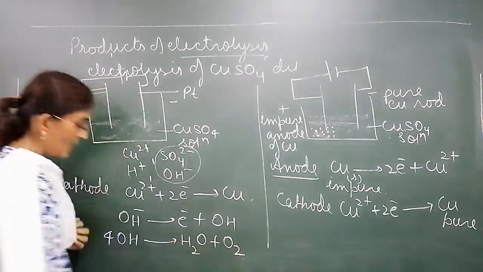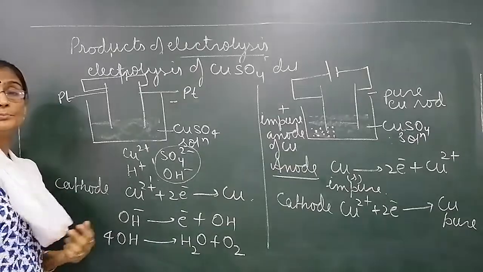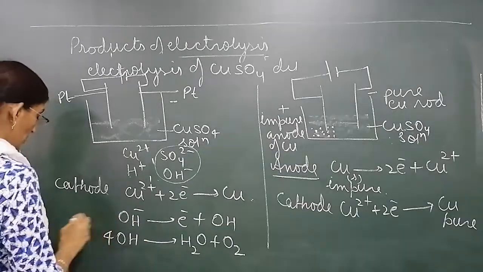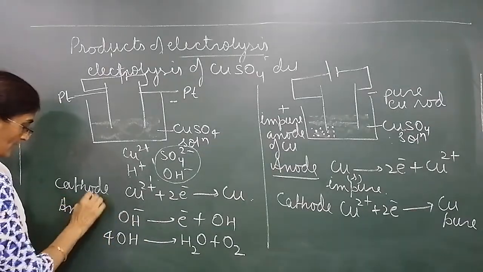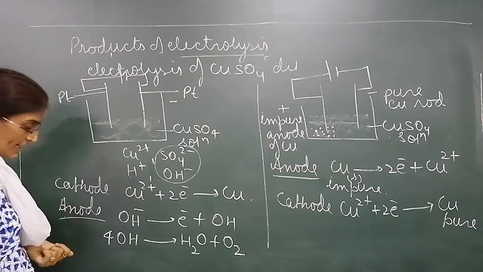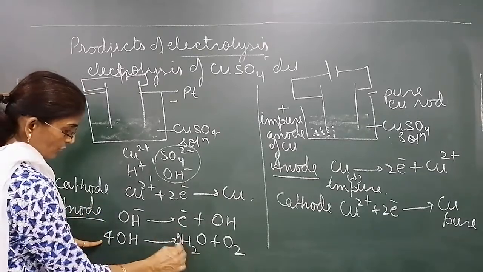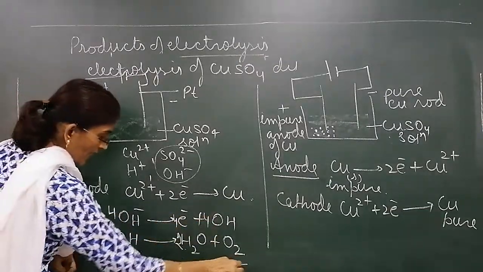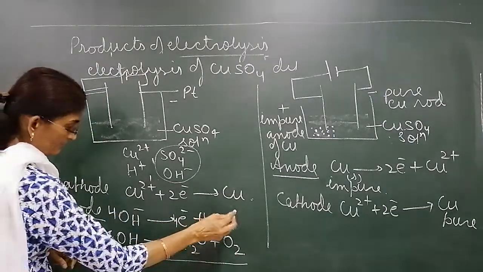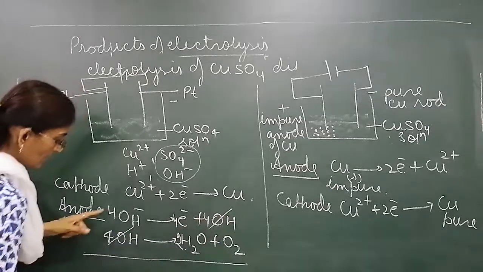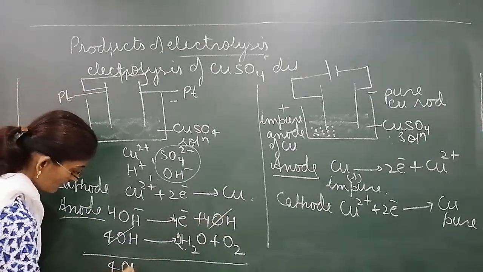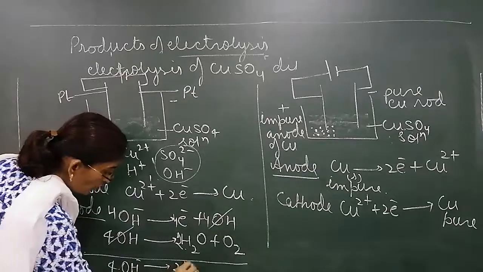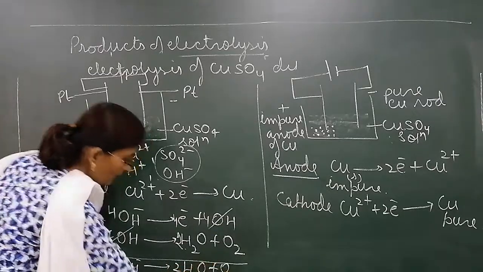So which gas is obtained at anode? At anode, oxygen gas will be produced. In order to balance this, we write 2 here, 4 here and 4 here. If you add these two, the OH cancels out. It is 4 OH minus, which gives us 2 H2O plus oxygen.